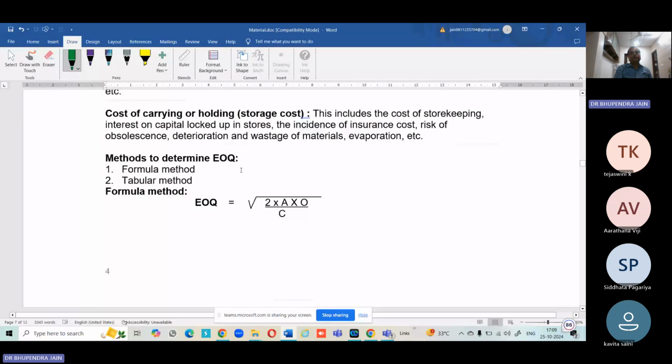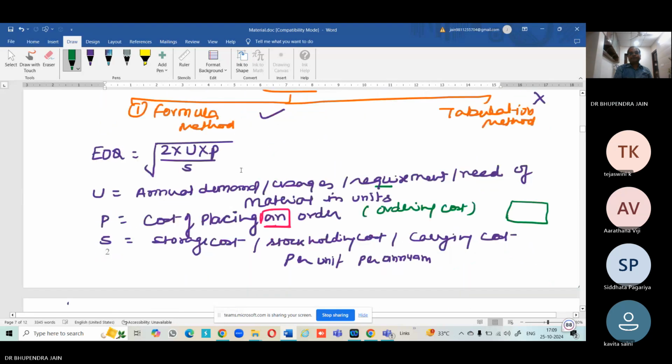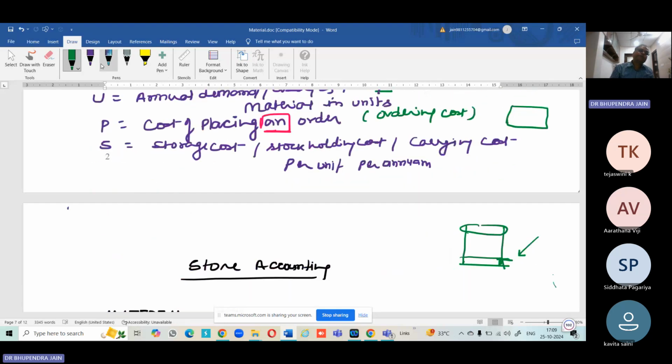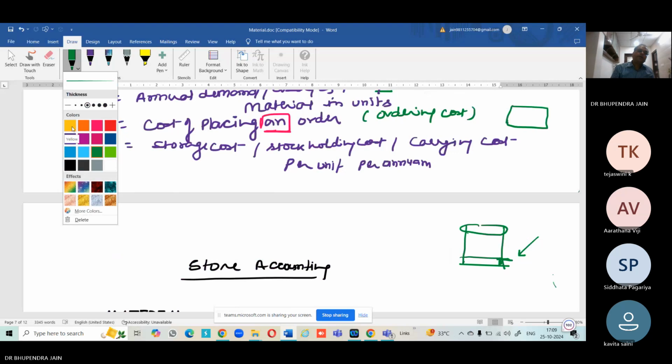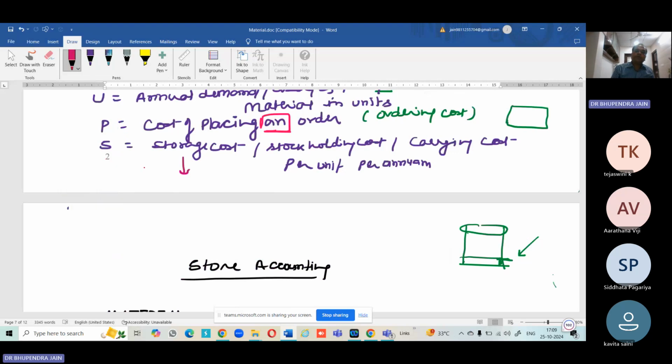Storage cost, stock holding cost, carrying cost. What did I write here? Per unit per annum. Suppose the storage cost is given as a percentage: 10%, 15%, 20%, 30%. 30% of what? It will always be a percentage of purchase price per unit, or unit price per unit.